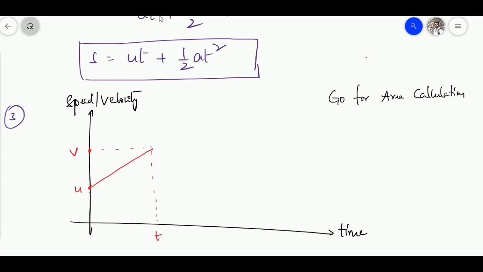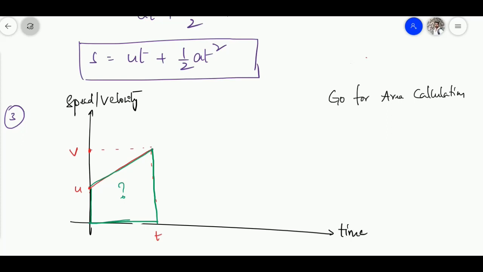So I can observe that this is a trapezium. It is forming a trapezium, and you have to find the area of this part.